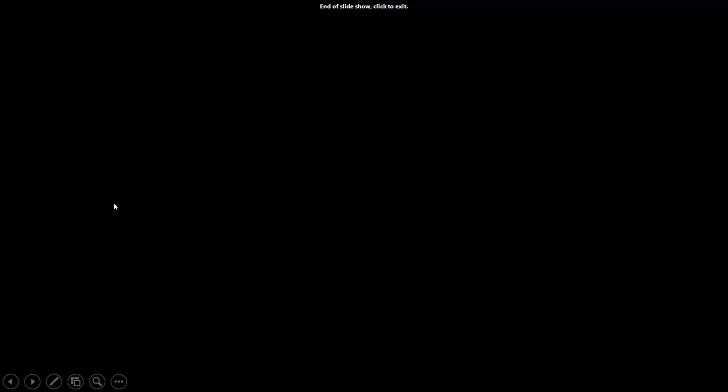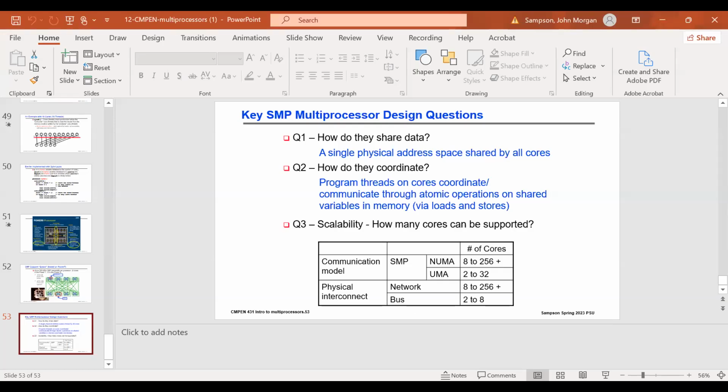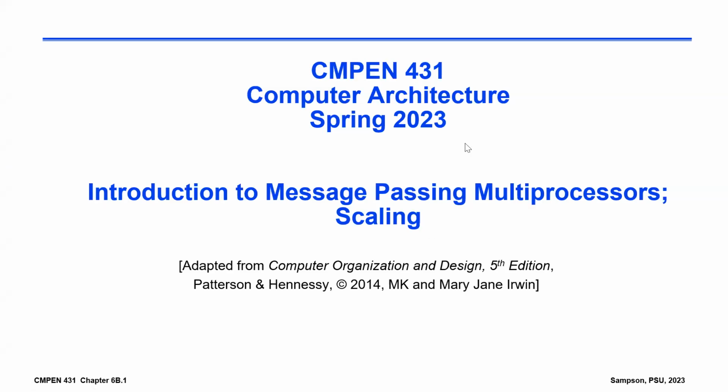Okay, let's move to how you go further. So the key idea in a shared memory multiprocessor is that the cores, through some cache system, through an interconnect, reach memory.